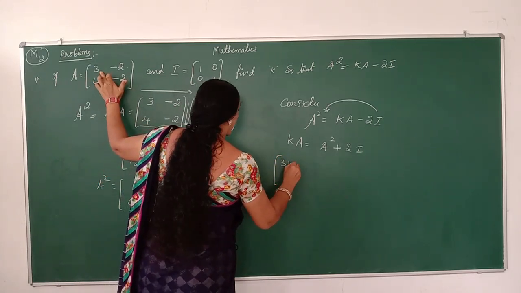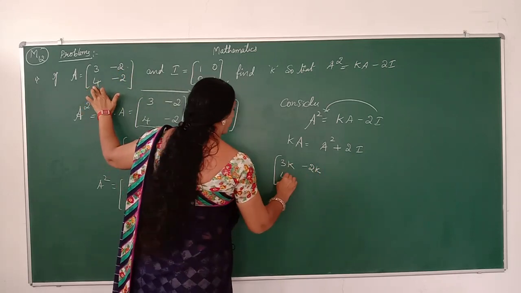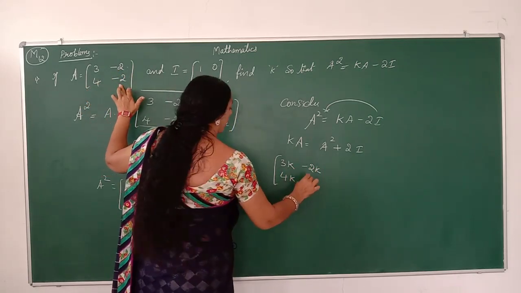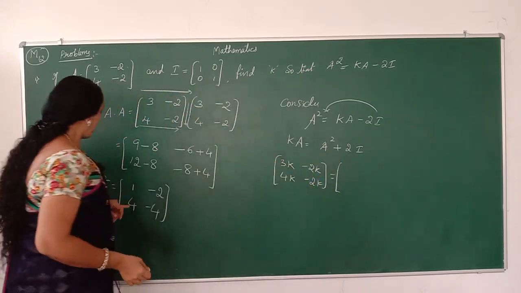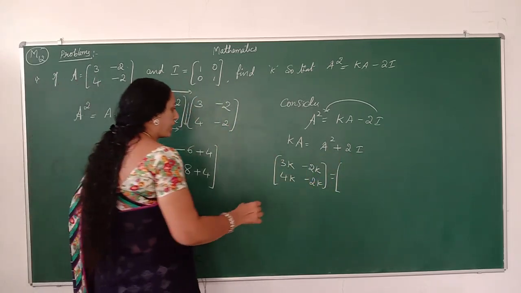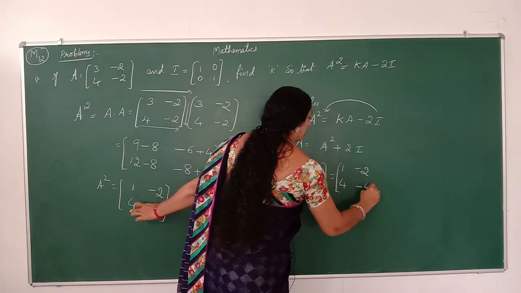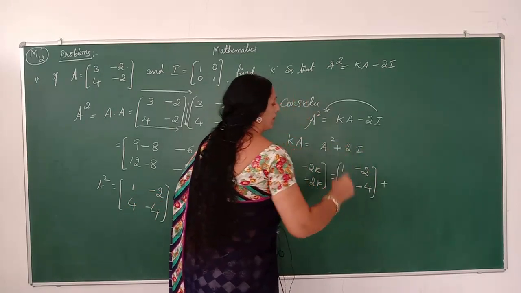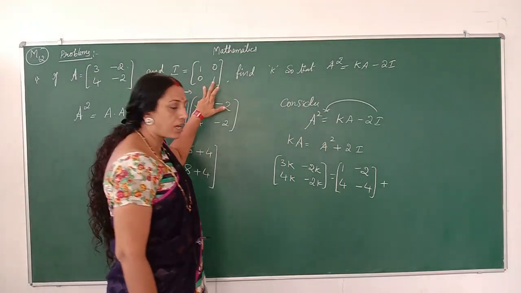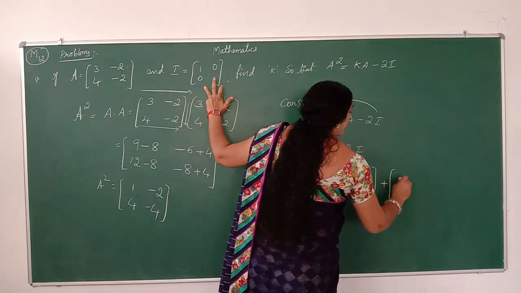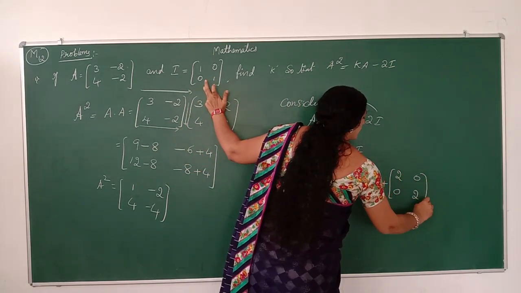That can be written as [3k, -2k; 4k, -2k] is equal to A square, which is nothing but [1, -2; 4, -4], plus 2I, which is nothing but all the elements of I multiplied by 2: [2, 0; 0, 2].